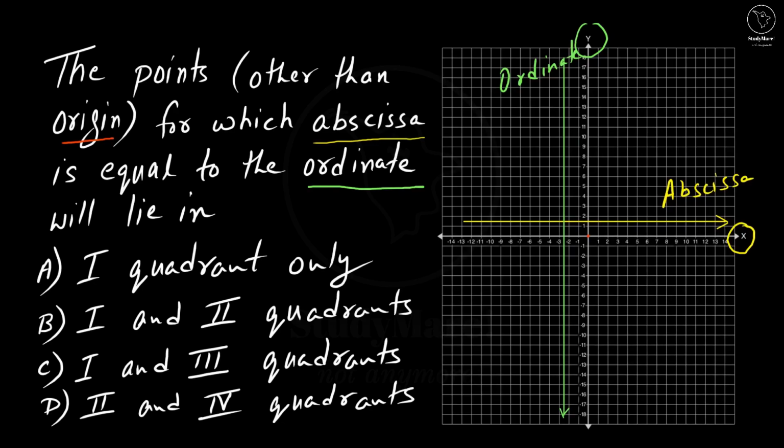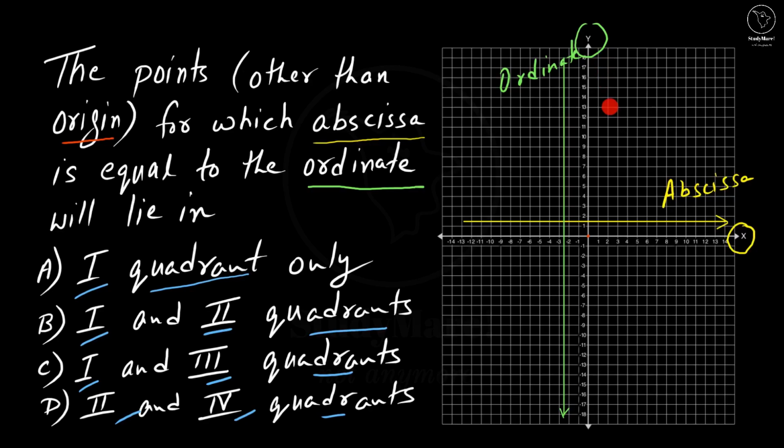Next we have another term, that is quadrant. You see, we have quadrant along with a number. First, second, first, third, second, fourth. What are these? The entire graph is divided into 4 sections.